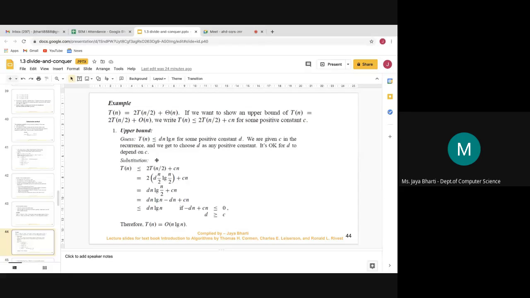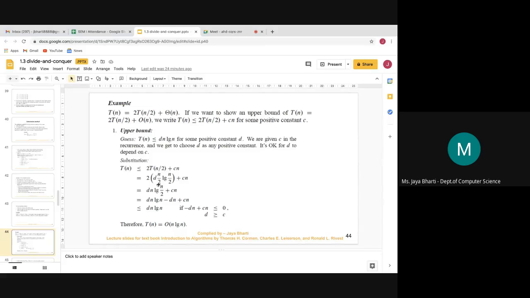Now when you are computing the upper bound, you need to write it like this: T(n) is less than or equal to 2T(n/2) plus Cn. Okay, and we have already defined the T(n) value. What is the value of T(n)? No, T(n) is equal to d n log n.